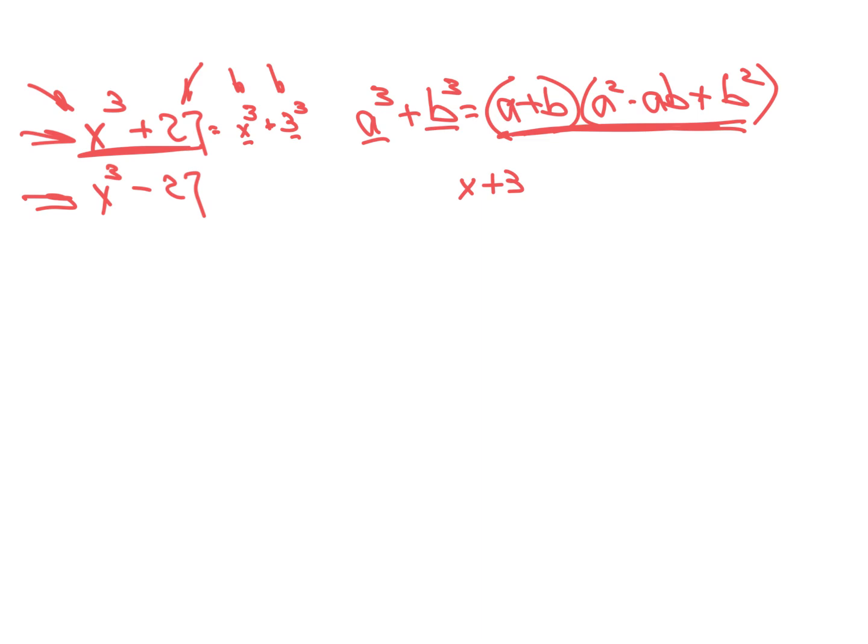Times a, which is this x number squared, minus a x times b, 3, plus b squared. B times b, well, I'll just write it this way. Okay, let's clean it up a bit.